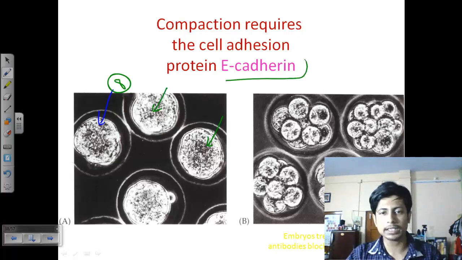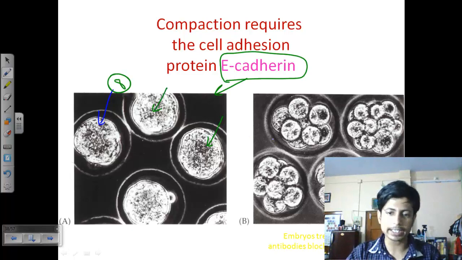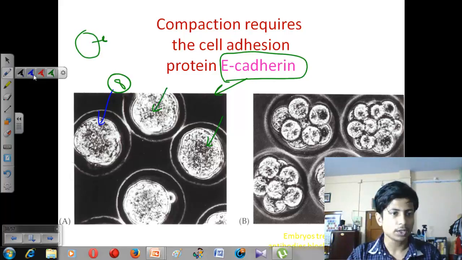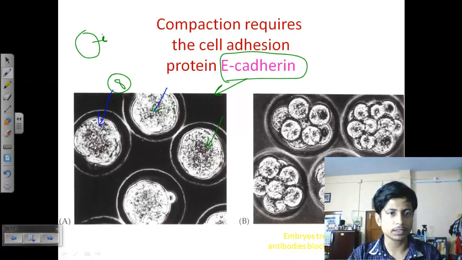On the other hand, E cadherin plays a role in this particular case. In the second case, we treat these embryos with antibodies that block the E cadherin, because this is a cell and there are E cadherin receptors. If I design an antibody that blocks this E cadherin receptor, in no way can this cell interact with the nearby cell through cadherin.